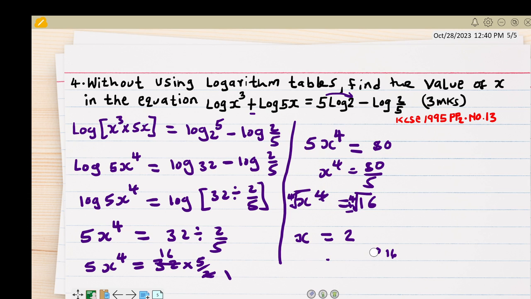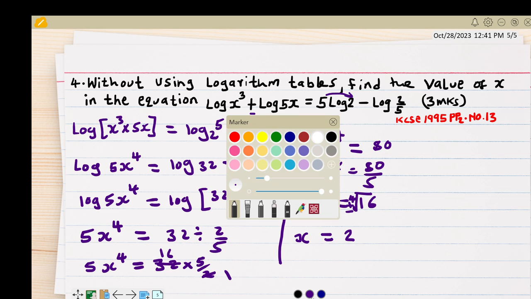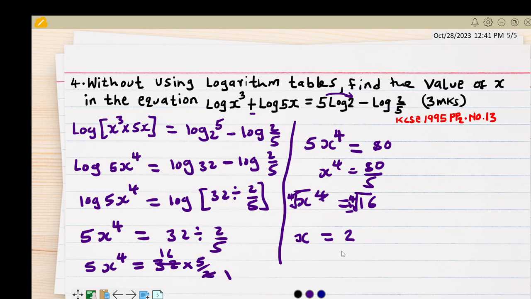So the value of x will be 2, but because we are finding a fourth root, the answer should be plus or minus 2, just like the square root and the sixth root. So either x is positive 2 or x is negative 2.